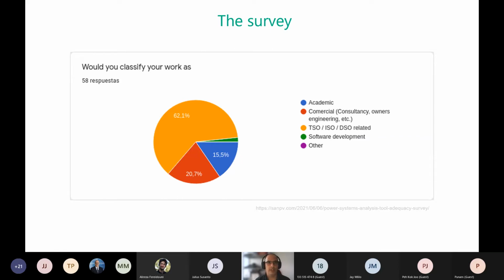And once I had a representative sample of people, then I opened the survey to more people, and then we had this share: 60% of TSO, ISO, and DSO from North America, Europe, and Australia as well, commercial consultants and some people from academic background, and then probably 1 or 2 people from software development.